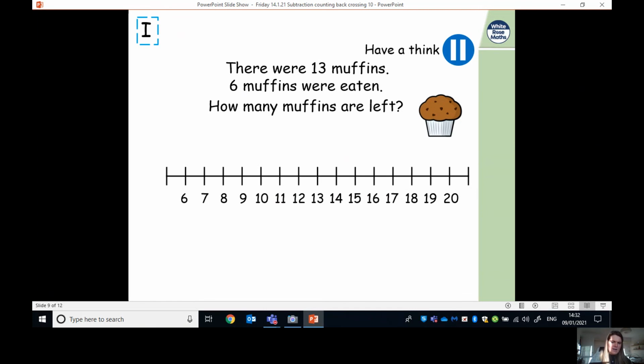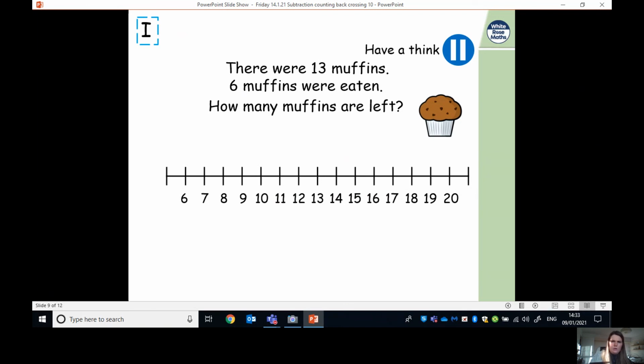How many muffins are left? Now, the first thing we have to do is work out if this is an addition or a subtraction equation. The muffins were eaten, which means they're no longer there. So it has to be subtraction.